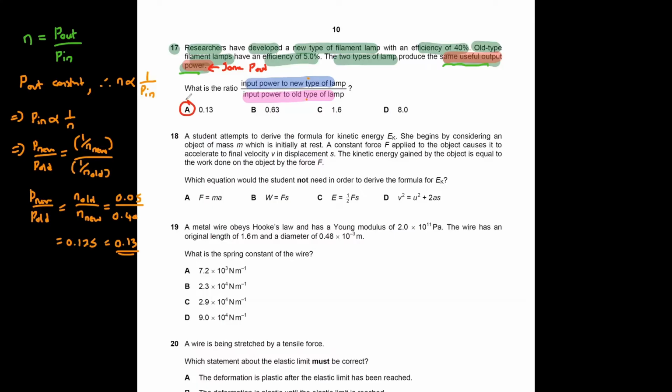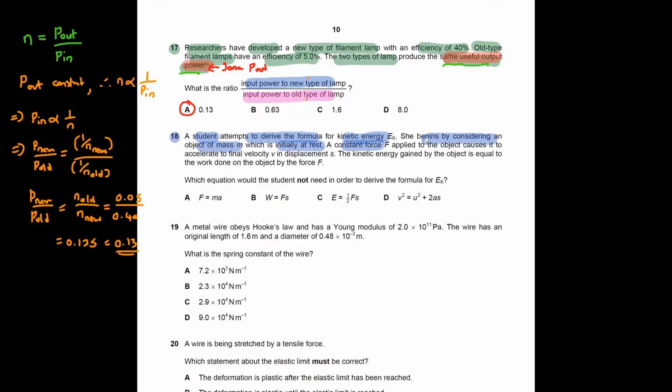Okay, so that is pretty straightforward. Then you move on to question 18. Question 18 is on the derivation of your KE. You need to know the derivation of KE in order to be able to answer this question. If you read the question, they mention a student attempts to derive the formula for kinetic energy. She begins by considering an object of mass m, which is initially at rest.